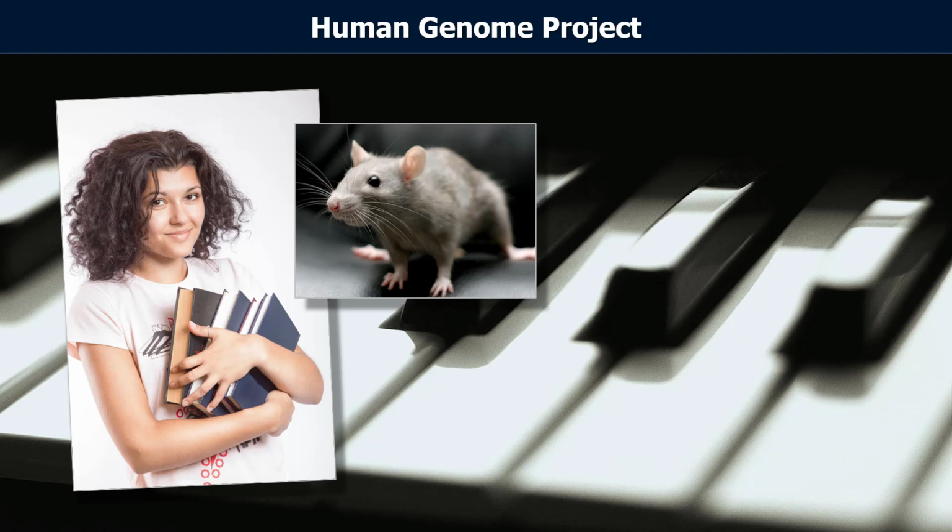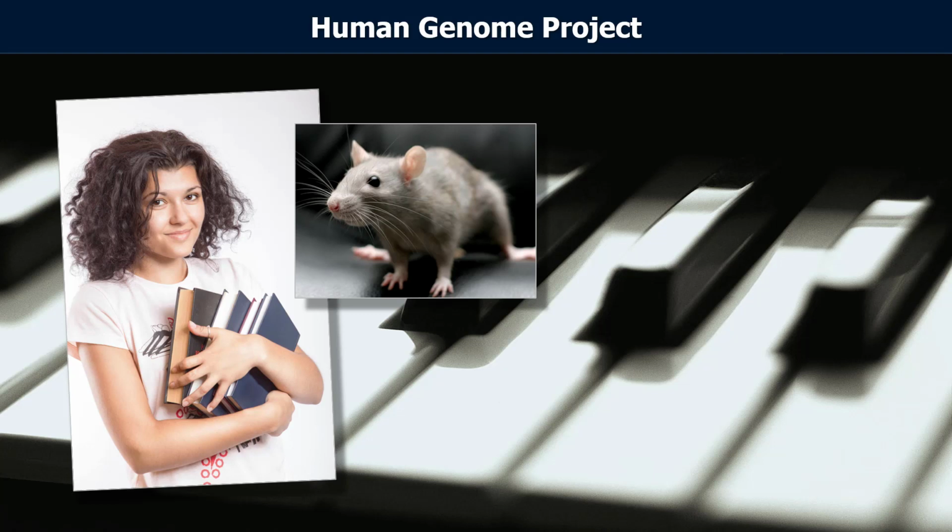And so what we've discovered is the real difference between the phenotypes of humans and mice is not a matter of which genes you have. It's a question of which genes are expressed and in what combination at what time. The reason you see a keyboard in the back of that picture is because that's the metaphor I want you to think about. Think about the set of 22,000 genes as being a bit like a keyboard. A piano keyboard has 88 keys.